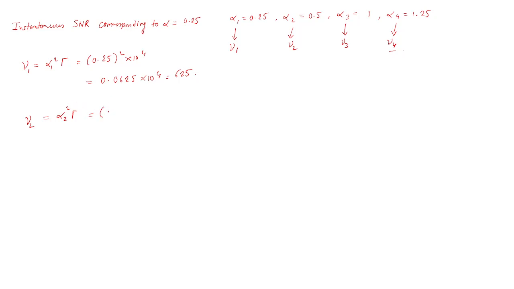Alpha 2 is 0.5, squared, times 10 to the power 4, that is 0.25 times 10 to the power 4, which is 2500. Gamma 3 we obtain as alpha 3 square times capital gamma, that is 1 square times 10 to the power 4, which is 10,000.